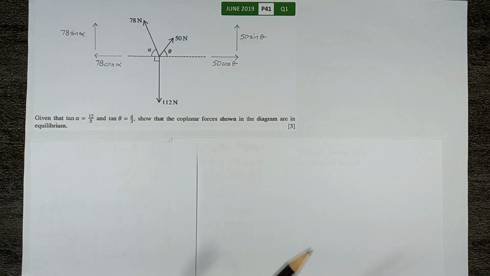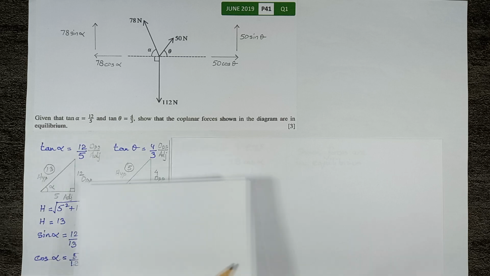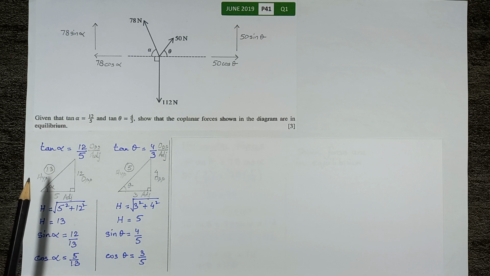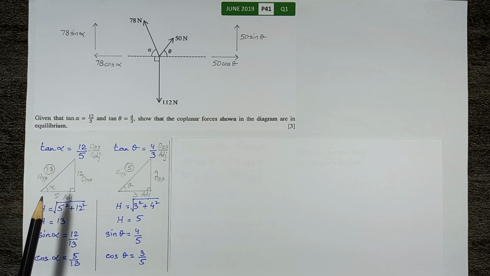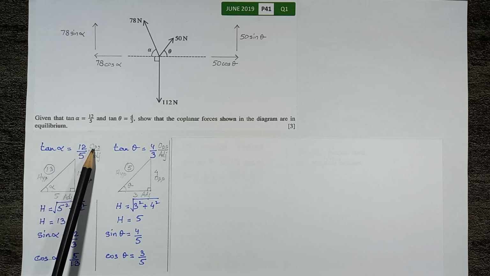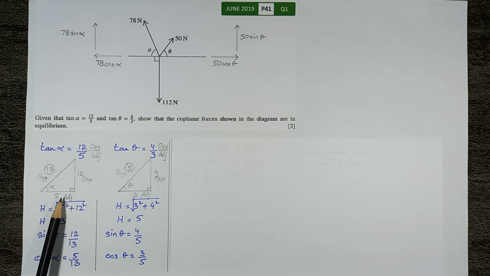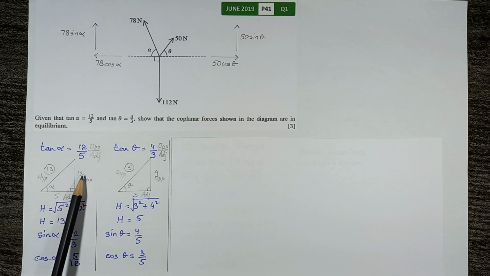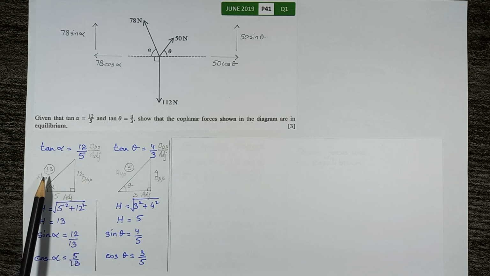So we would be using the right angle triangle, and by using the Pythagoras theorem we could easily work out the values of the sine and cos components, and we know that tan of a particular angle is equal to opposite upon adjacent. After drawing the right angle triangle, 12 is opposite and 5 is adjacent over here, and by using the Pythagoras theorem and then solving it, we could easily get the value of this hypotenuse, which is 13.